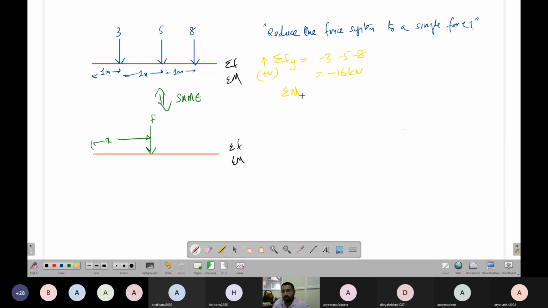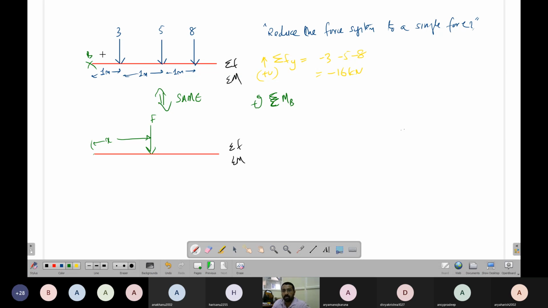Summation of moment about, let's say, this point. I'll take one point; you can carry on with any point. I can take this point also, point B. Summation of moment about B, anti-clockwise positive.